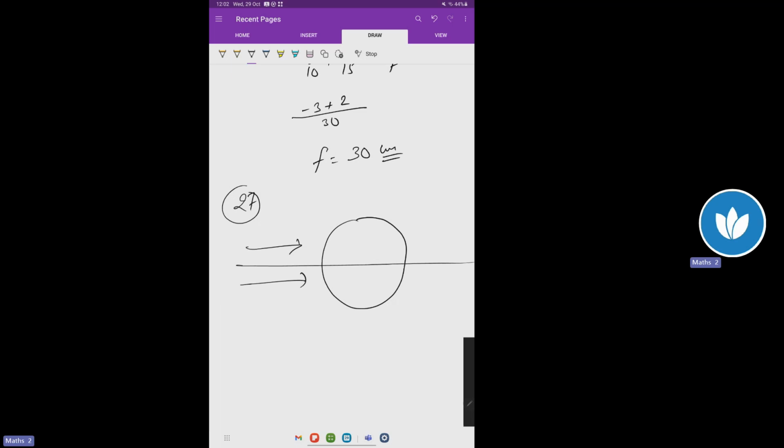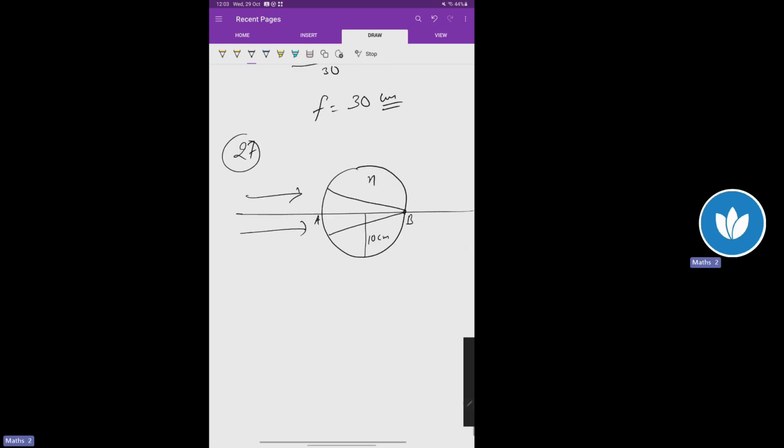Incident rays are parallel. This radius is 10 centimeter and these rays are converging at point B. And we need this n, refractive index.